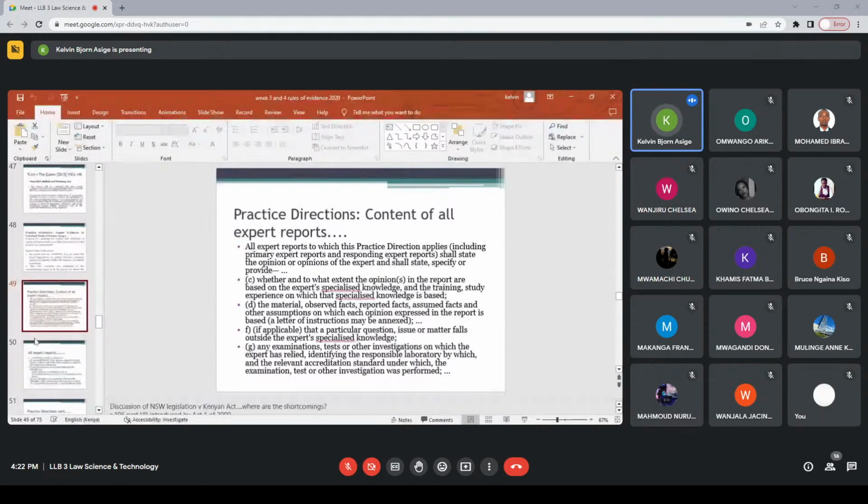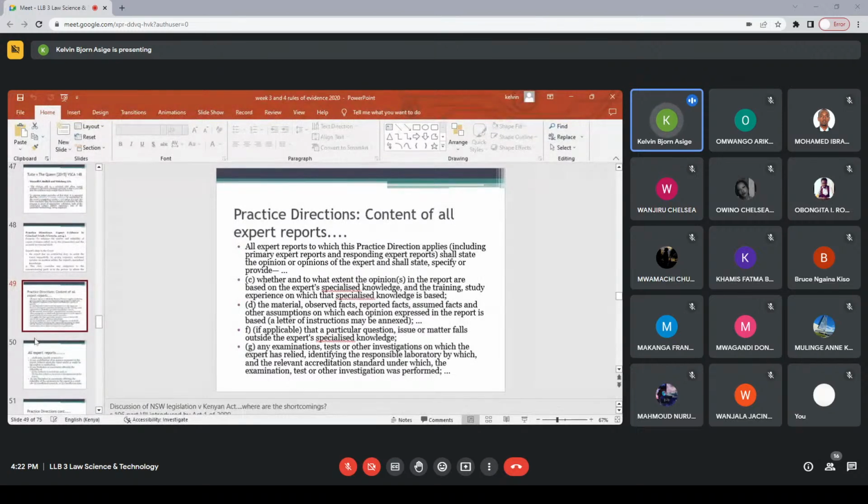So one of the things that these practice directions say an expert report should provide is whether and to what extent the opinions in the report are based on the specialized knowledge, training, and study on which that specialized knowledge is based. It's almost like giving some sort of certificate, okay, that this opinion I'm providing or this report I'm writing is 100% based on my training, study, and expertise.